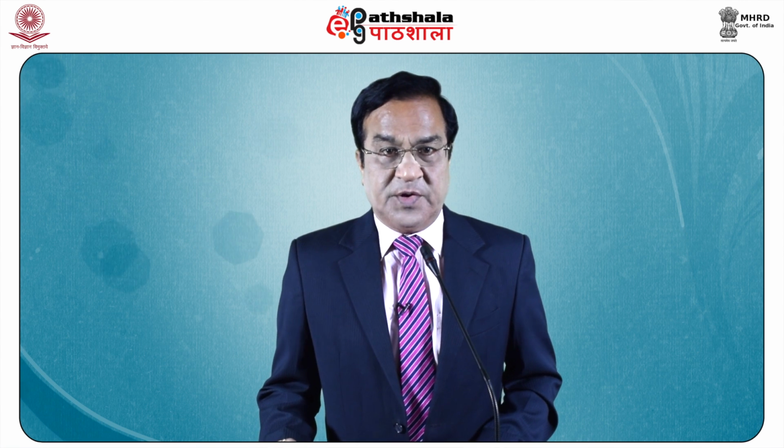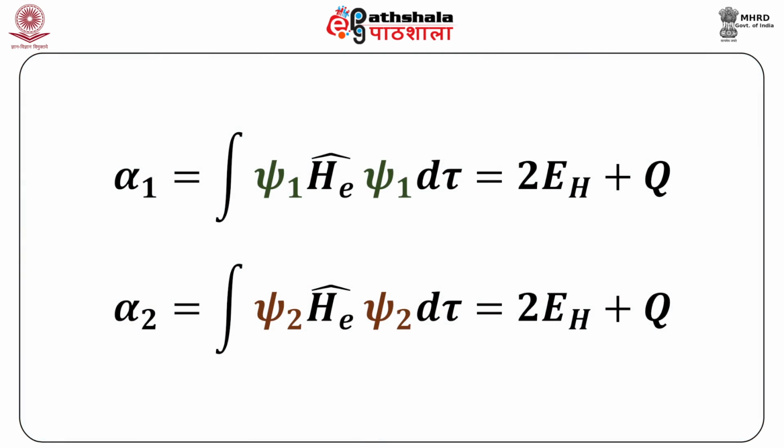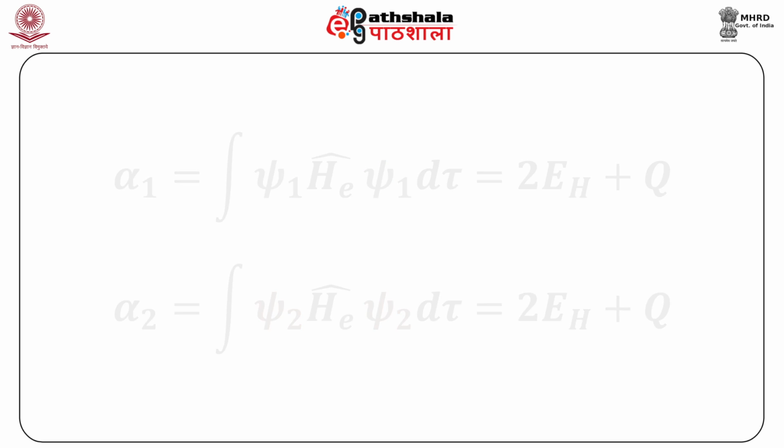Here, if you remember, alpha 1 is integral psi 1 He cap psi 1 d tau, and this, it was shown in the earlier module, is equal to 2Eh plus Q. And similarly, alpha 2 was also shown to be equal to 2Eh plus Q.